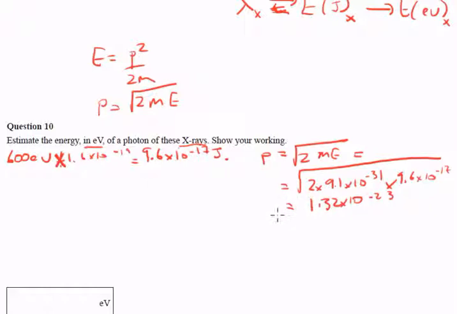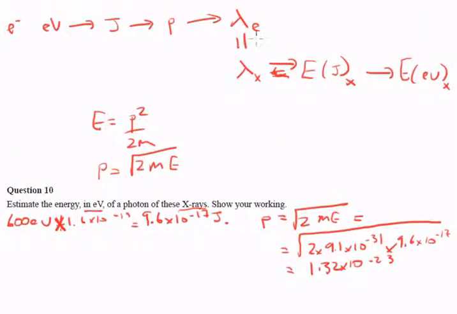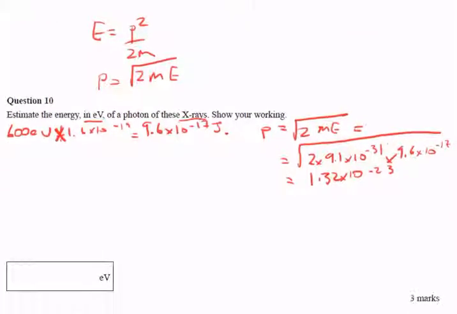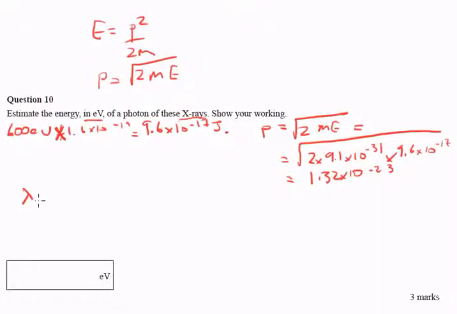So people know where we're going: after we've done P, we want to find lambda of the electron. Lambda of the electron equals h over P. There's our P, we now go to that.